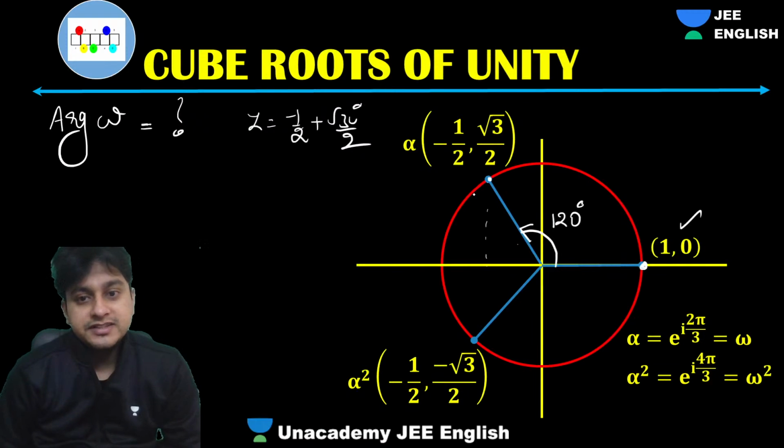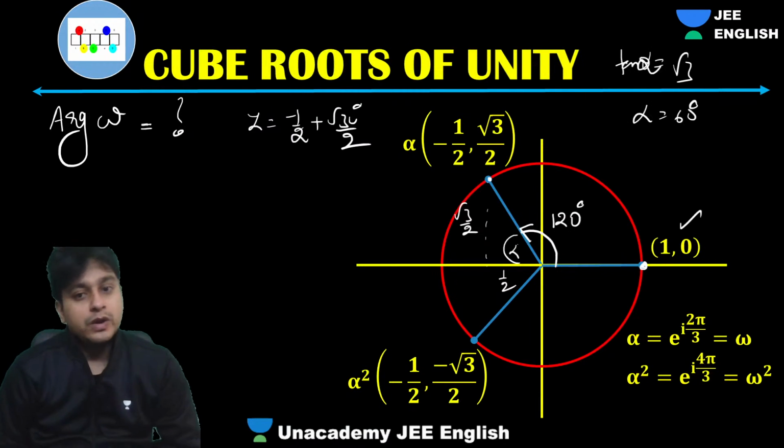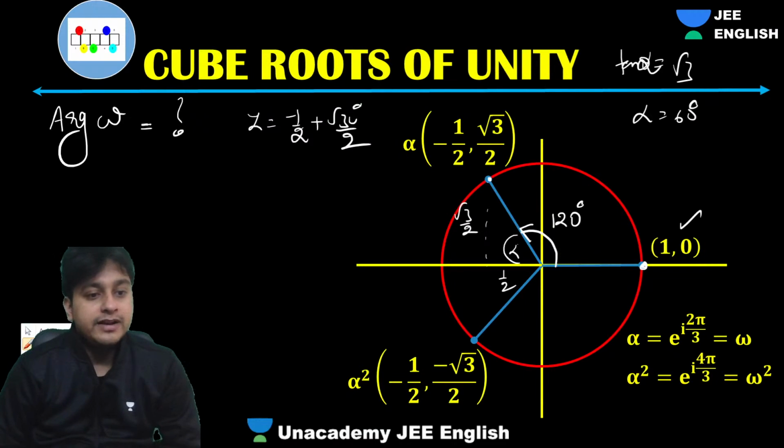Sine theta is root 3 by 2, and cos theta is 1 by 2. Just take the alpha here. Tan alpha will be perpendicular by base, which is root 3. Now this alpha is nothing but 60, so theta will be 120. That's how we actually calculate it. You can get the alpha, then from there you can get the theta as well.